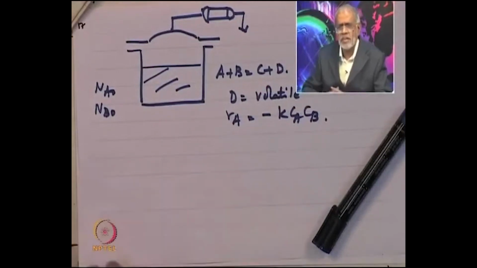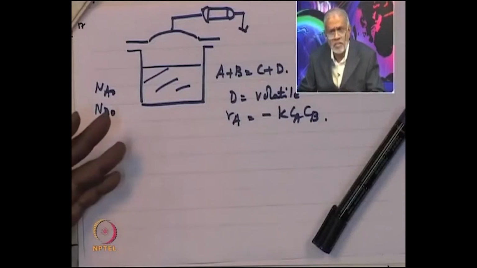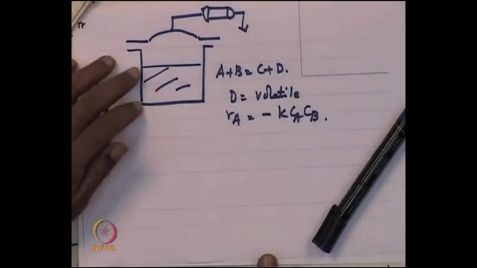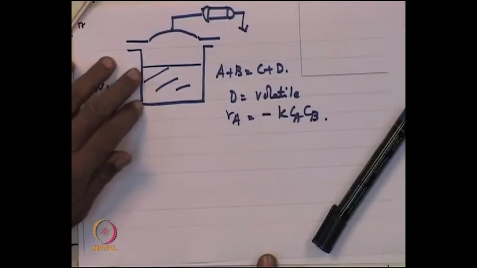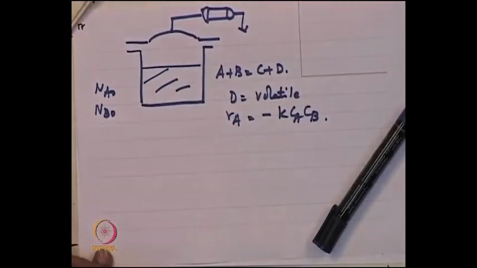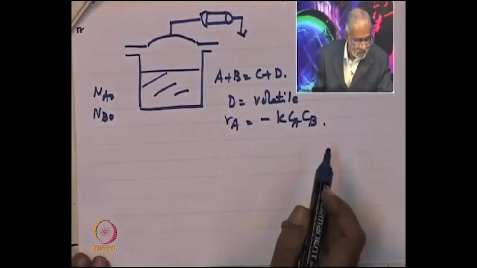Of course, this is relevant even in a commercial practical situation, because you will have to find out what volume is left unreacted so that you can start the next batch. You must know to what extent the fluids have been consumed. So, this has very practical significance.